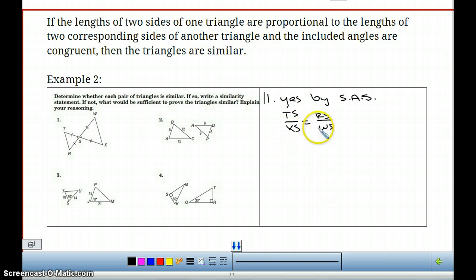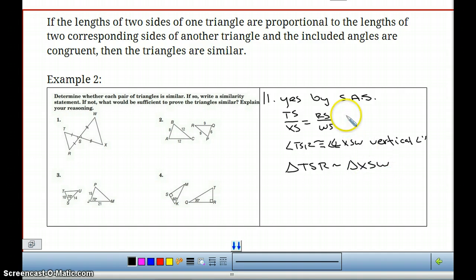That gets our sides in proportion, and angle TSR is congruent to angle XSW because they're vertical angles. We can then write our similarity statement. Triangle TSR is similar to triangle XSW by side-angle-side.